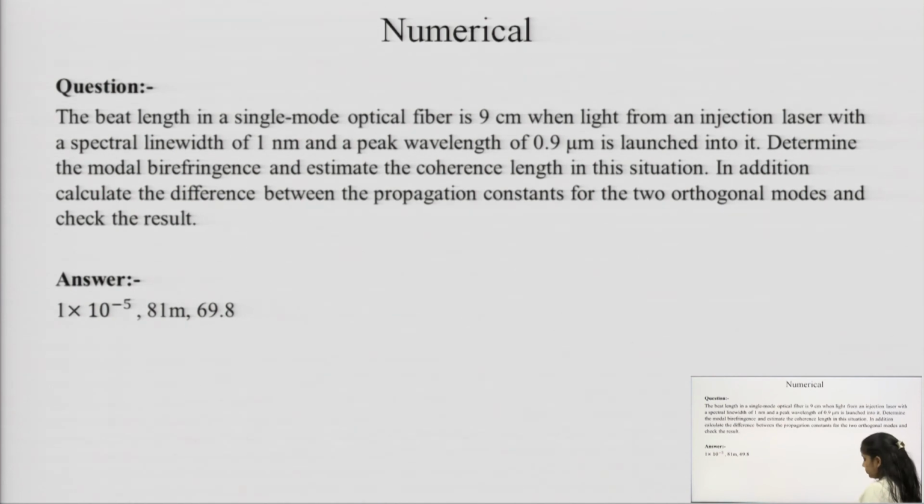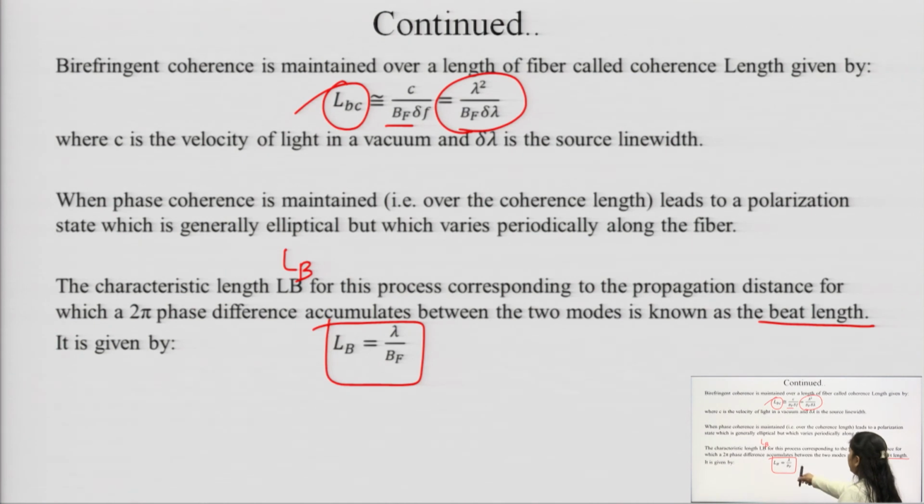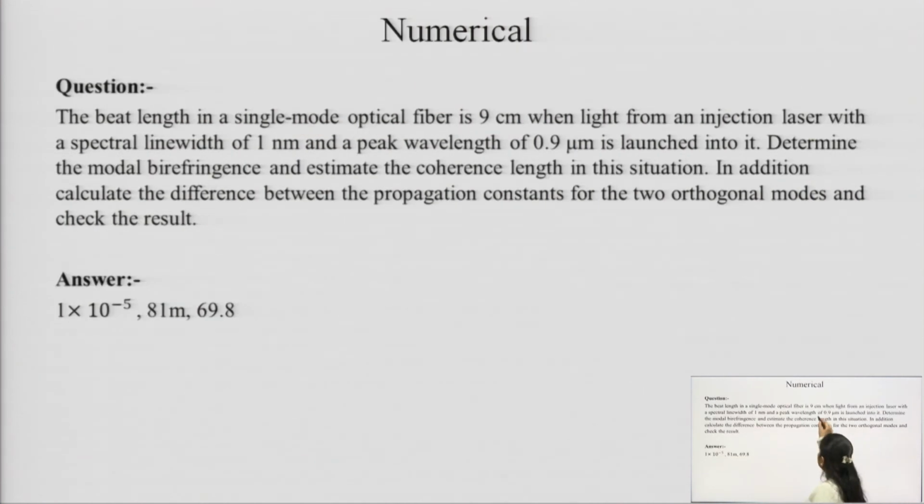Here we have one numerical based on this modal birefringence. The beat length in a single mode optical fiber is 9 centimeter. So, what is given here? Lb, which is our beat length, is 9 centimeter.